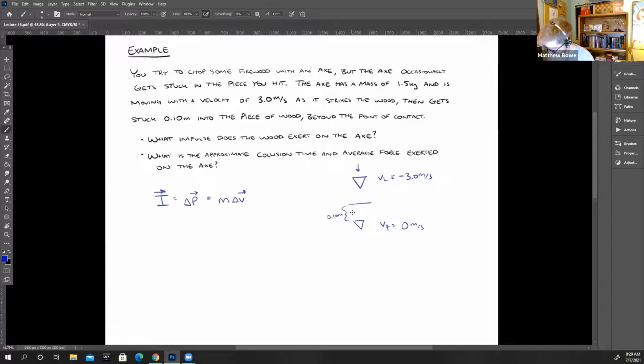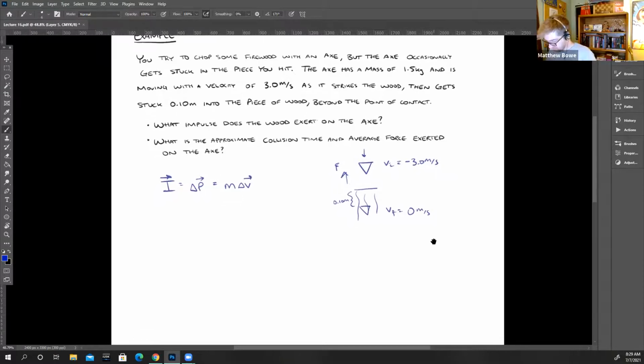And this piece of wood is applying a force on the axe. All right, now we have a coordinate system. Let's get started.